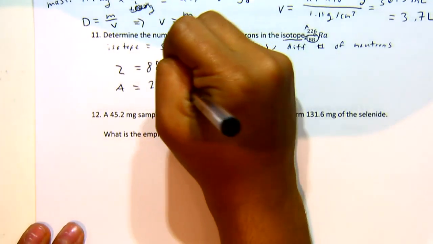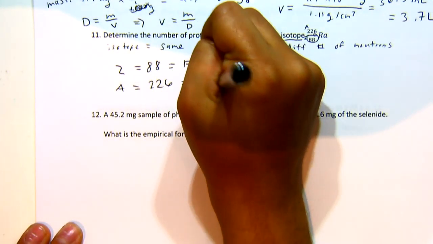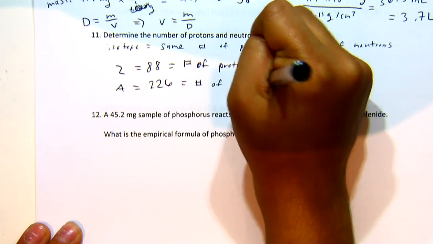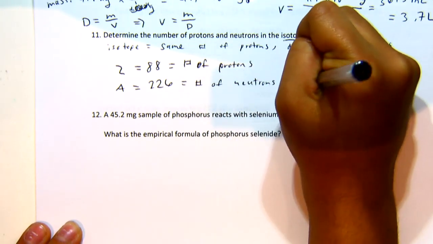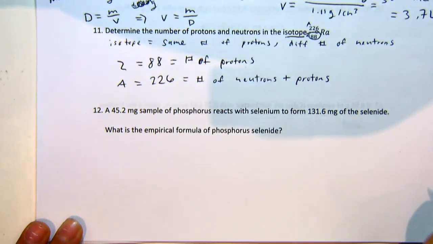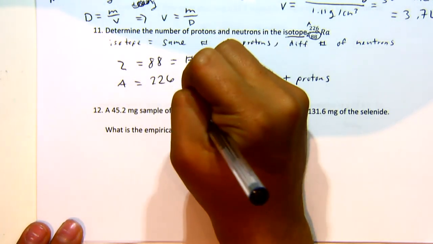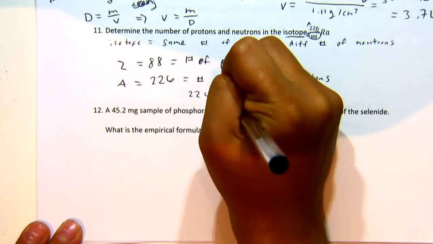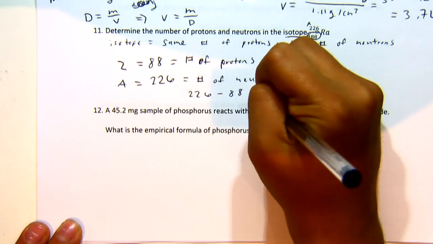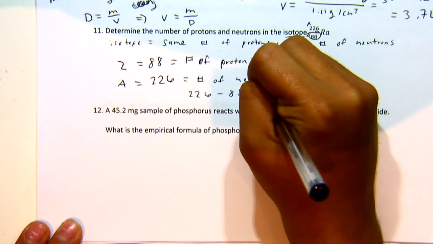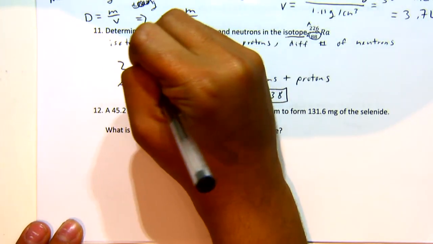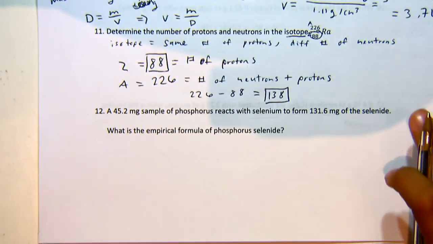Our mass number is going to equal the number of neutrons plus protons. So we know we have 88 protons, and now to find neutrons, we'll do 226 minus 88, and that would give us 138. So this is like a review from chapter 1.